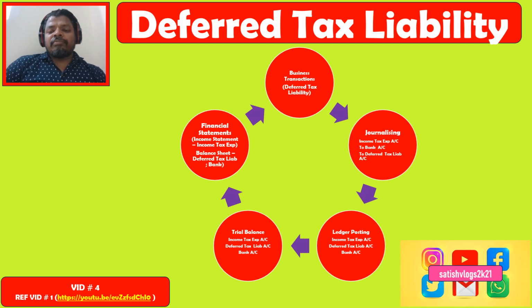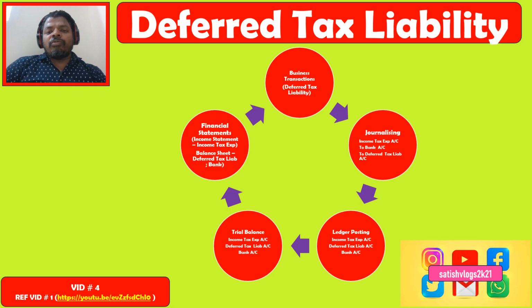Because my book profit income is more than the taxable profits income, in such a case there would be an excess tax computed as per book profits. Whatever the excess amount which has been computed as a tax, that amount we need to consider as a deferred tax liability.